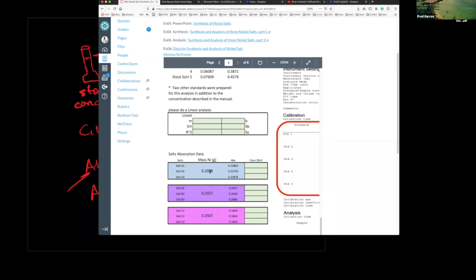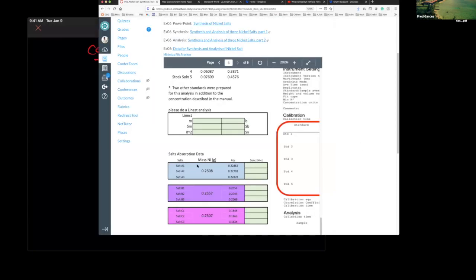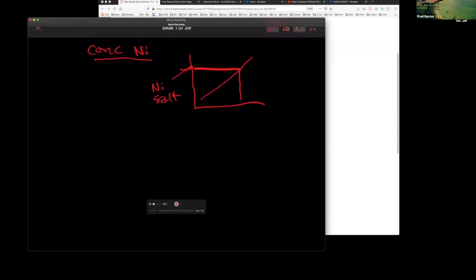Now, why is that important? Because with the concentration of the nickel, remember that we had the absorbance spectra. You recorded the absorbance of your nickel salt. That's this right here. Using the equation of the line, you can calculate the concentration of the nickel.